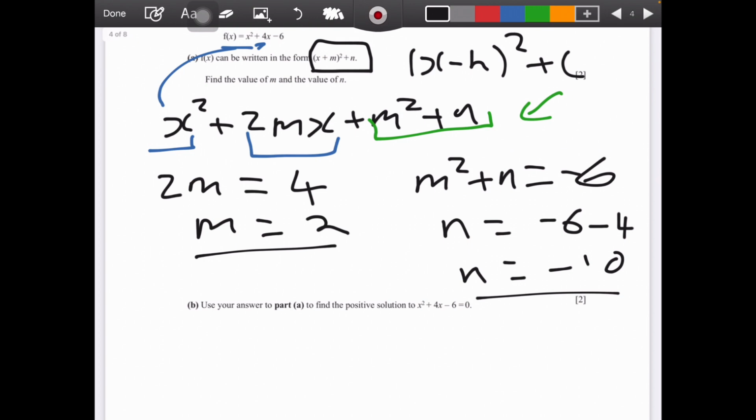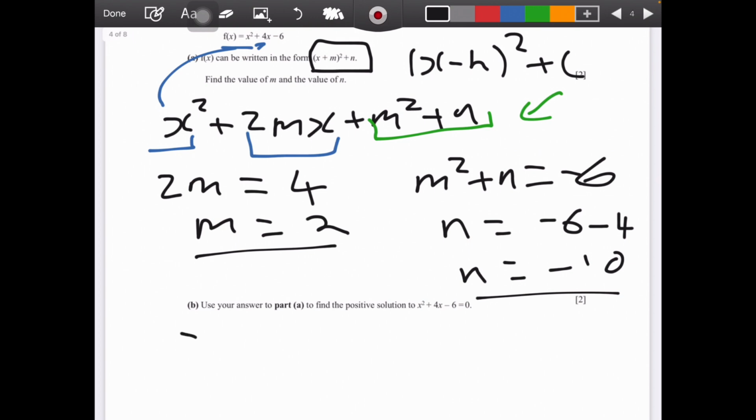So using the answer to part A, find a positive solution to x squared plus 4x minus 6. So what we can do is use this format, (x plus m) squared plus n, in order to find a positive solution to this equation. Or we could use the quadratic formula, but I am guessing that it'll be faster if we use this method.